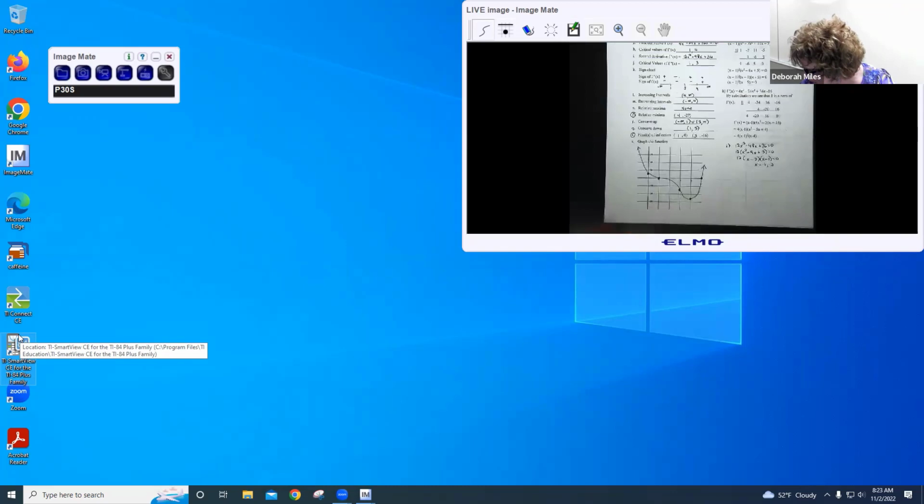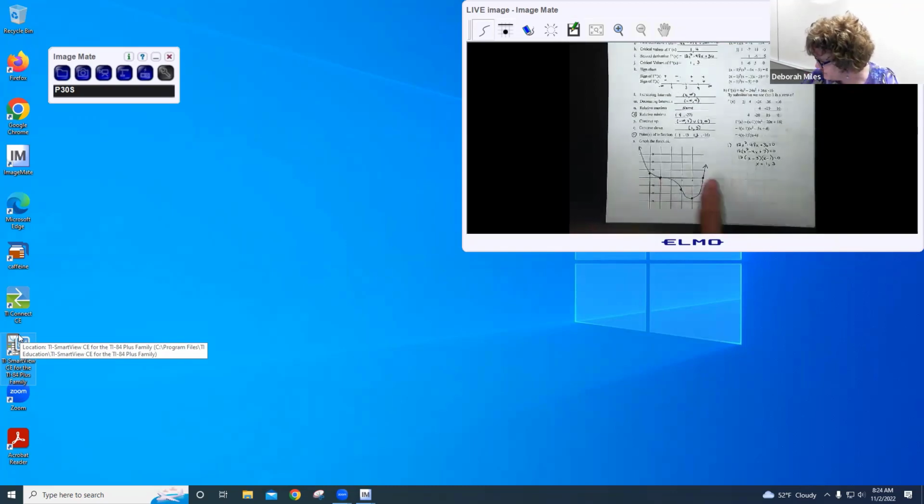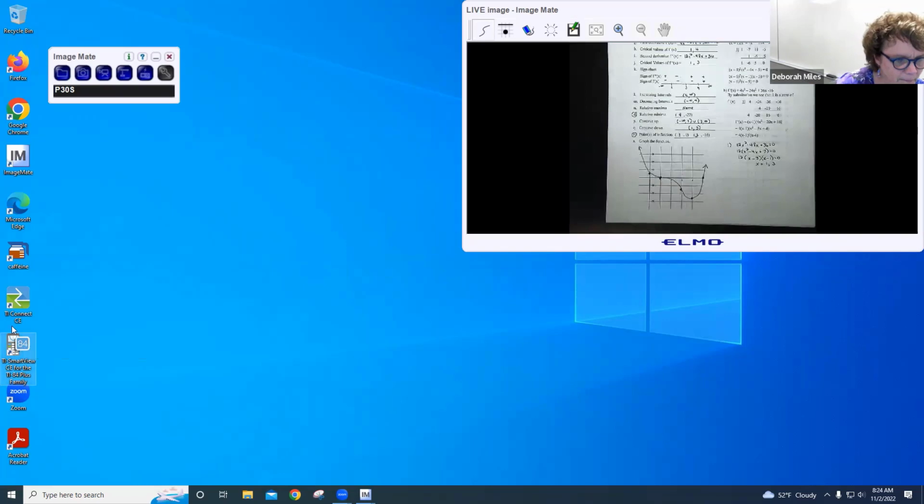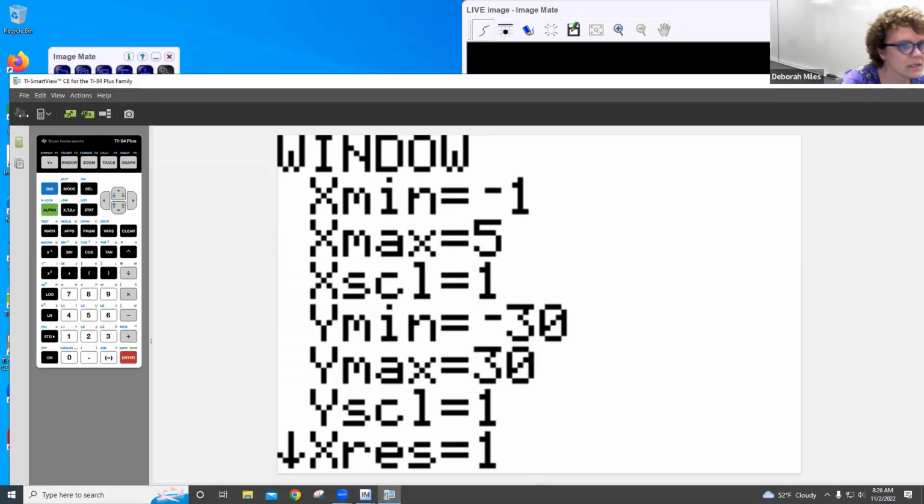Use the window X's from about -1 to 5 and Y's from -30 to +30, equal to what we came up with.